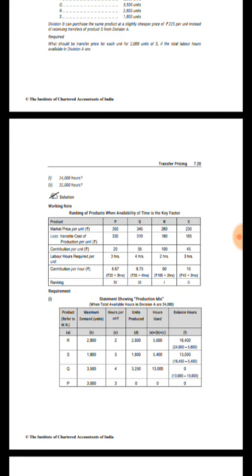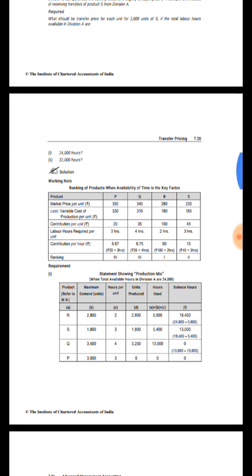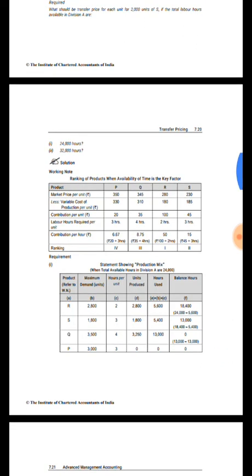Then here it will come actually 3,500 into 4, which will come to 14,000, but the total is only 24,000. So the balance available is only 24. So here you will write 24, and the hours available for Q is only 13,000.